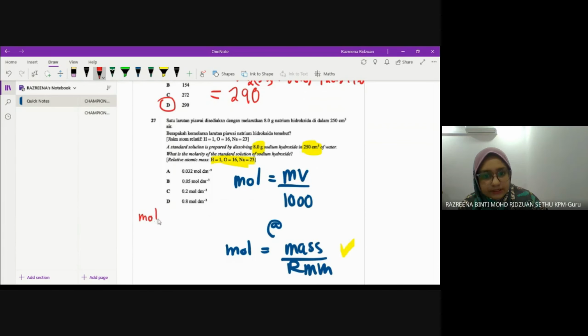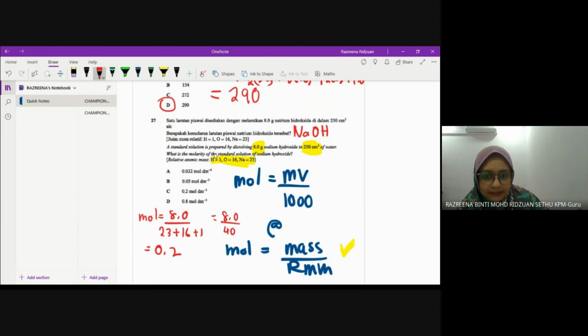So mole is equal to 8.0 gram divided by the RMM of sodium hydroxide, NaOH, so 23 plus 16 plus 1, which is 40. So 8.0 divided by 40, you get 0.2. This is the mole, not yet the answer.